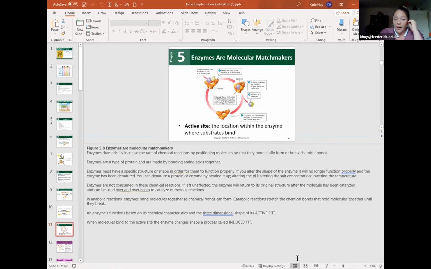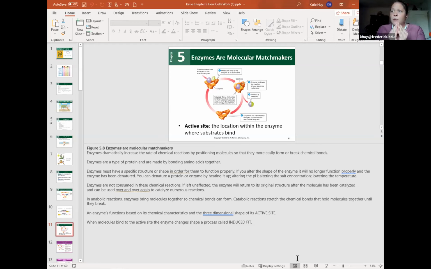So as long as an enzyme is working normally, then it can do what it needs to do to speed up a chemical reaction, and then it's going to go back to its original structure, unless it's denatured. And what that means is that that chemical structure is broken. So it doesn't actually go anywhere. The enzyme's still going to exist. It just means it's not going to be working anymore.